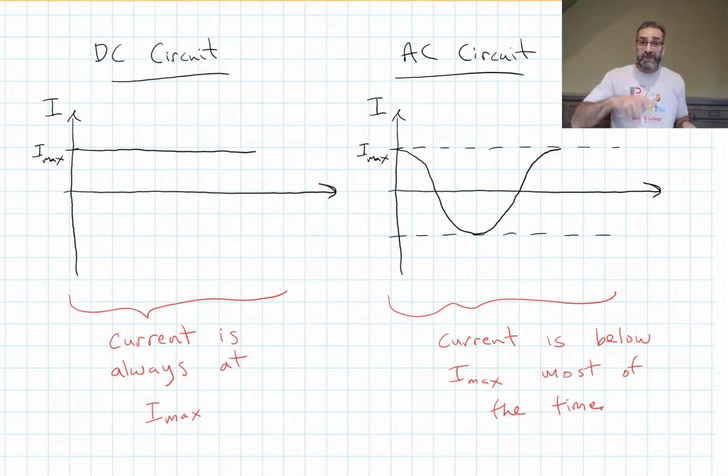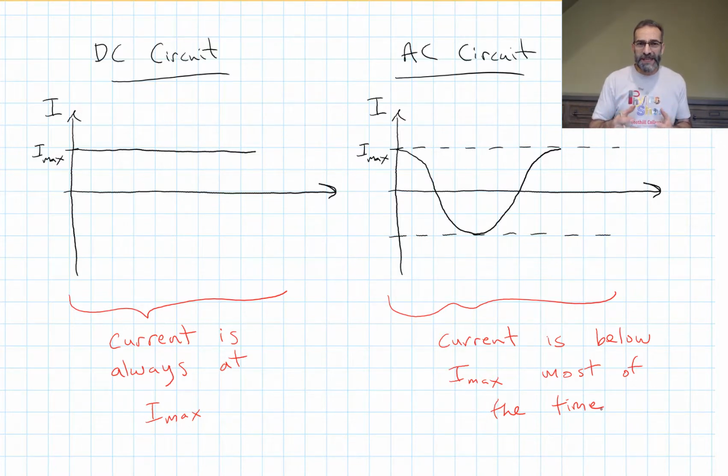Because we have this situation where it's always changing, we want to come up with a term, sort of like an average value that we can use when we're talking about current in a circuit, or voltage applied to a circuit, or power dissipated in an AC circuit.